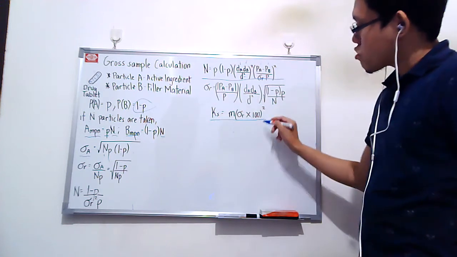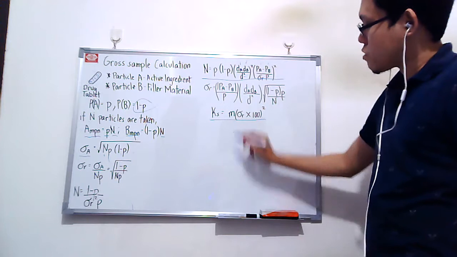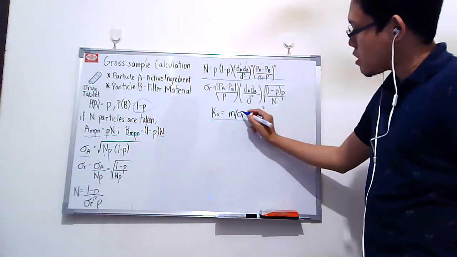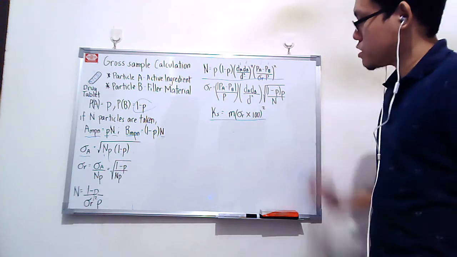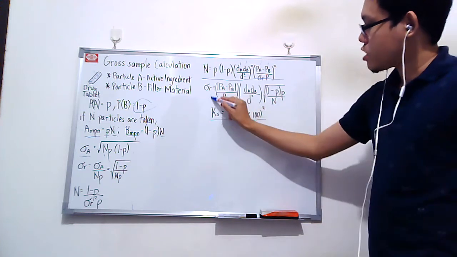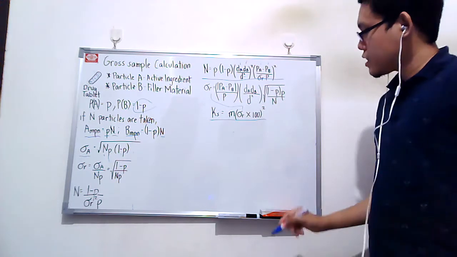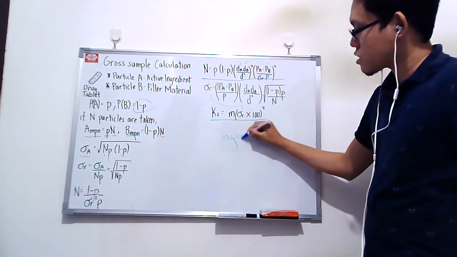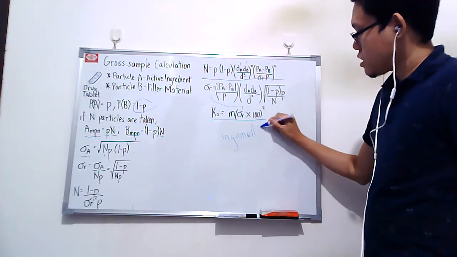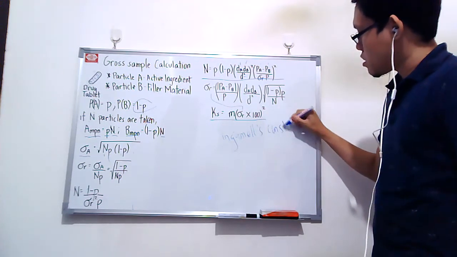Para makuha yun, meron kang Ks is equal to m multiplied by sigma r squared, multiplied by 100 squared. Itong Ks is your Ingamells constant.